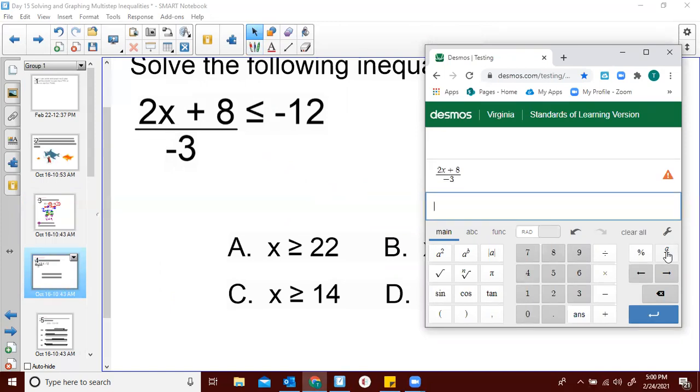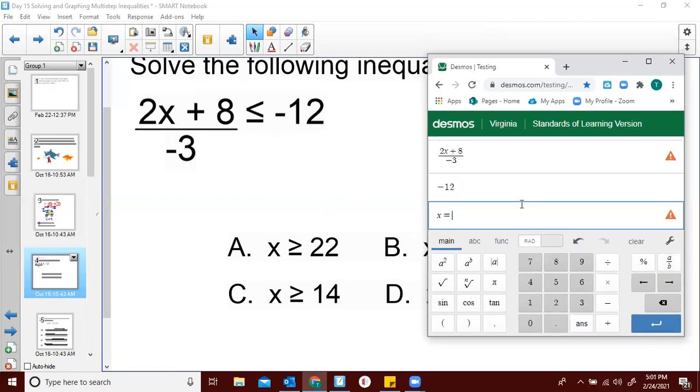Then I'm going to put my right-hand side, which is -12, and I'm going to hit x equals. And I'm just going to try out what my answers say. So it looks like I'm testing out 22 and 14. So I try 22, I get -17.33 and -12. So 22 is not looking too hot. But when I try 14, look, I get 12 from both sides of my inequality.